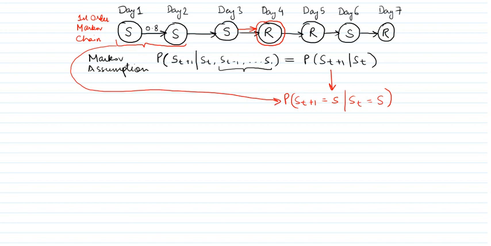So in this transition, the previous state is sunny, the next state is also sunny, and this is called the transition probability, right? So I may take some other transition. Let's take this one.